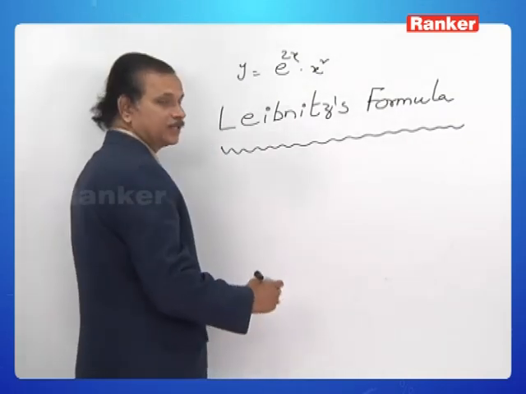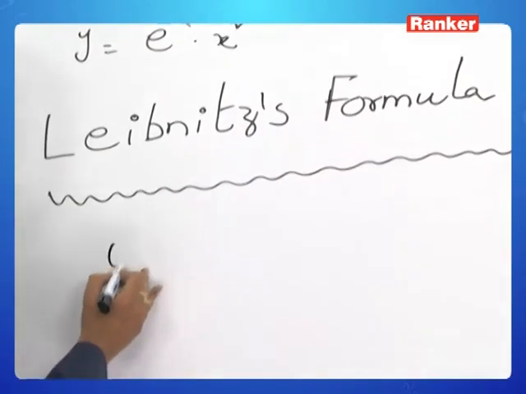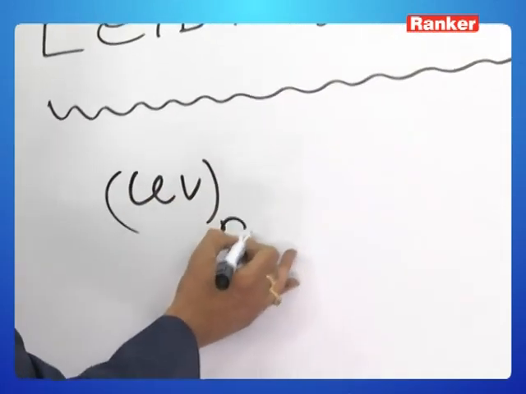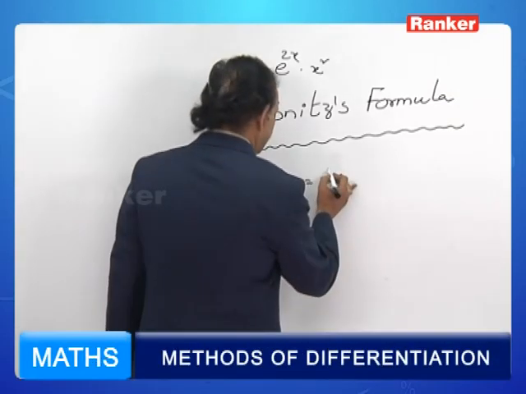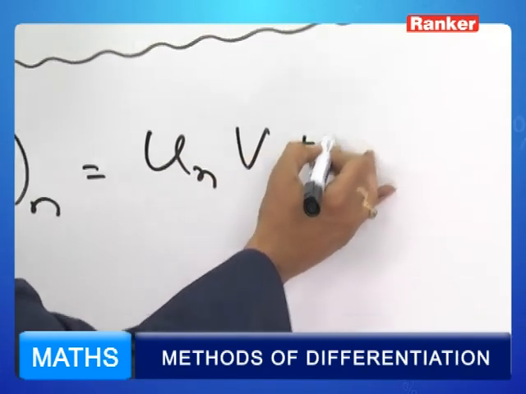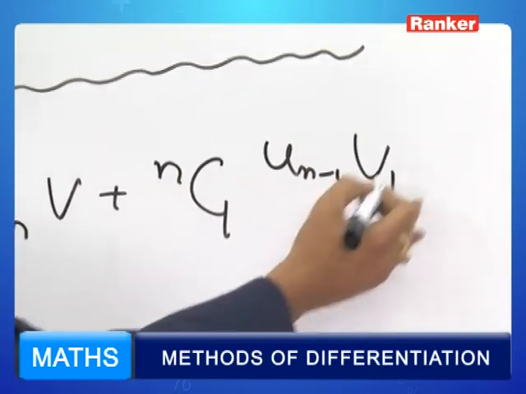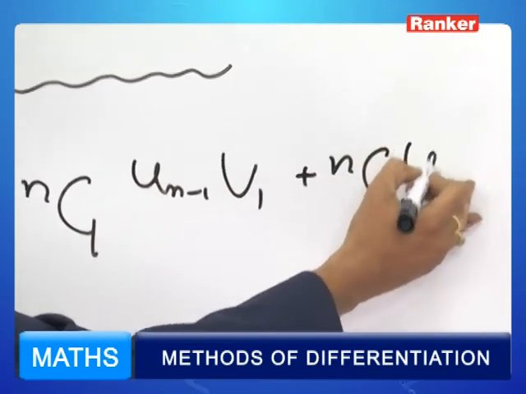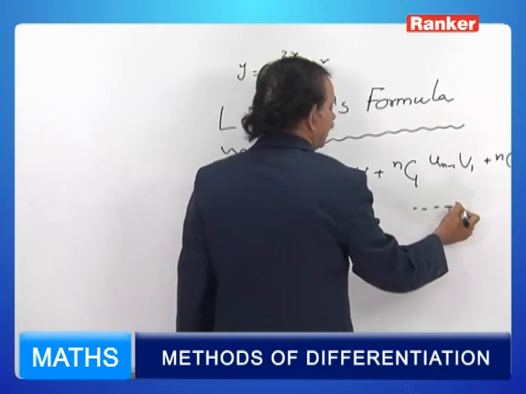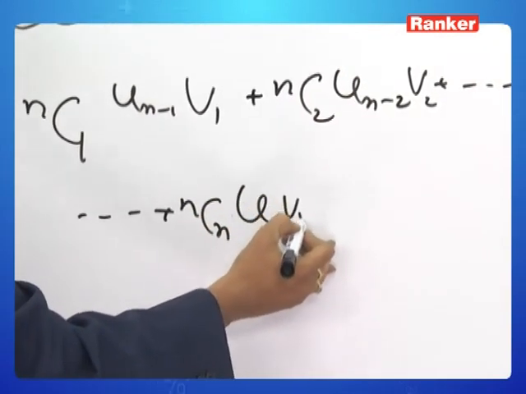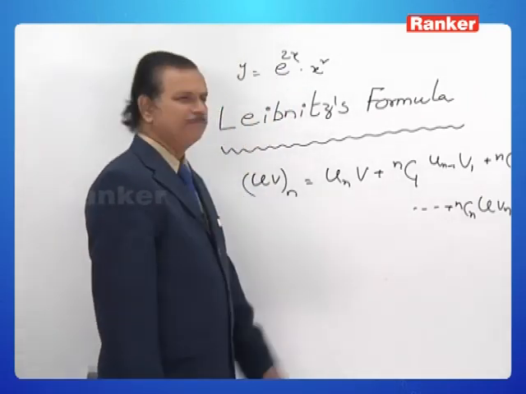As and when you look at two different functions, say u and v, whose nth derivative is to be found, it is given like this: (uv)^n equals u^n into v, plus nC1 into u^(n-1) into v1, plus nC2 into u^(n-2) into v2, and so on, up to nCn into u into v^n. That is just like a binomial expansion.